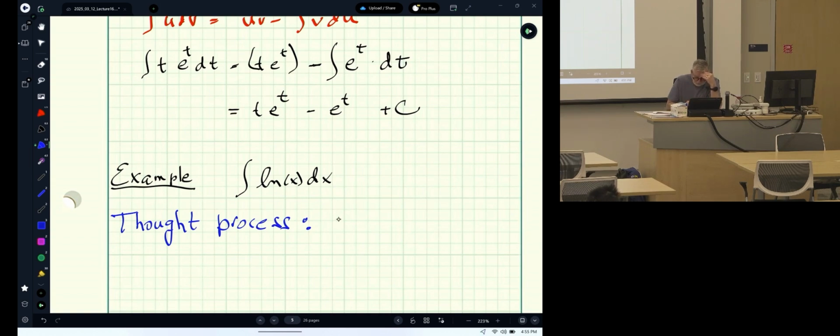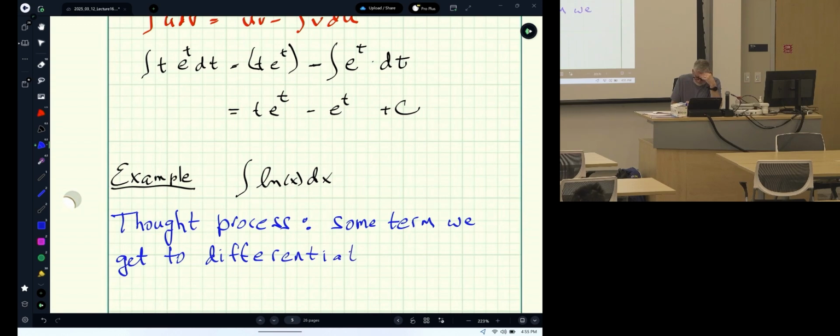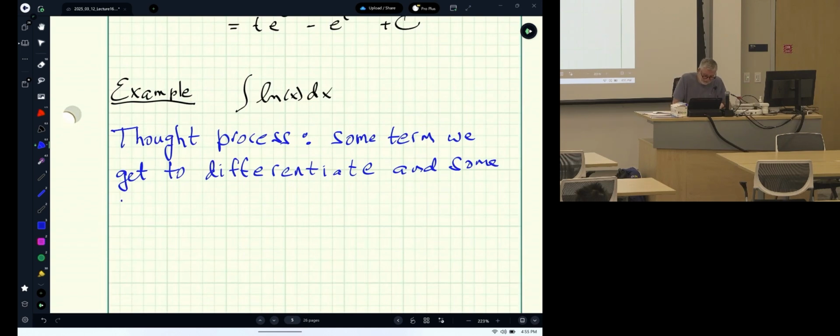So some term we get to differentiate and some term we get to integrate or anti-differentiate.